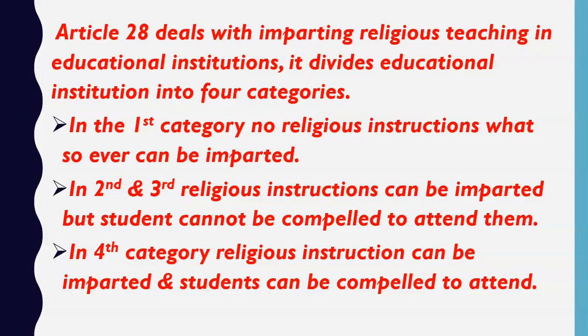If any student doesn't want to attend the religious teaching, then teachers can force him, saying that you are studying in an educational institute which was established out of donation money, out of the money which the followers of this particular religion gave. So now you are supposed to attend the religious teaching. So in the fourth category, students can be forced to attend these teachings and instructions.